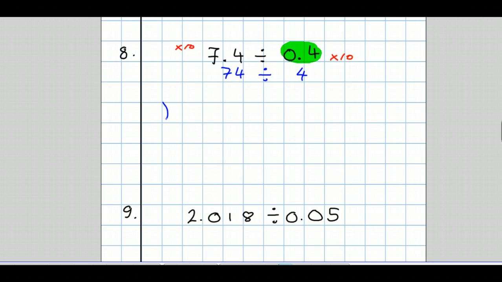Now, do my long division. So 74 inside the bus shelter, 4 outside. 4's into 7 go once, remainder 3. 4's into 34 go 8, remainder 2.